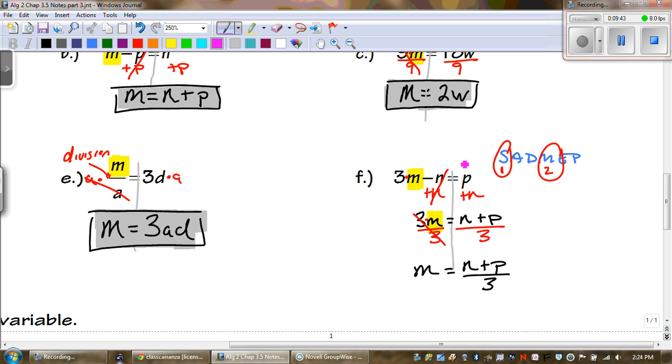Or, depending on your teacher last year, they might say, oh, well, I want you to reduce this to the 2 separate parts. Okay? Your other one could say 1/3 n plus 1/3 p. Okay?